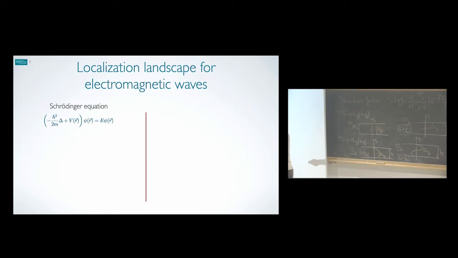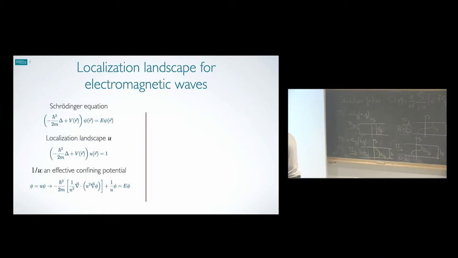So let me briefly recall what the localization landscape is for the Schrödinger equation. You start with the usual Schrödinger equation. The localization landscape is defined in this way, and just by a change of variable, you obtain this new equation where one over u plays the role of a confining potential.